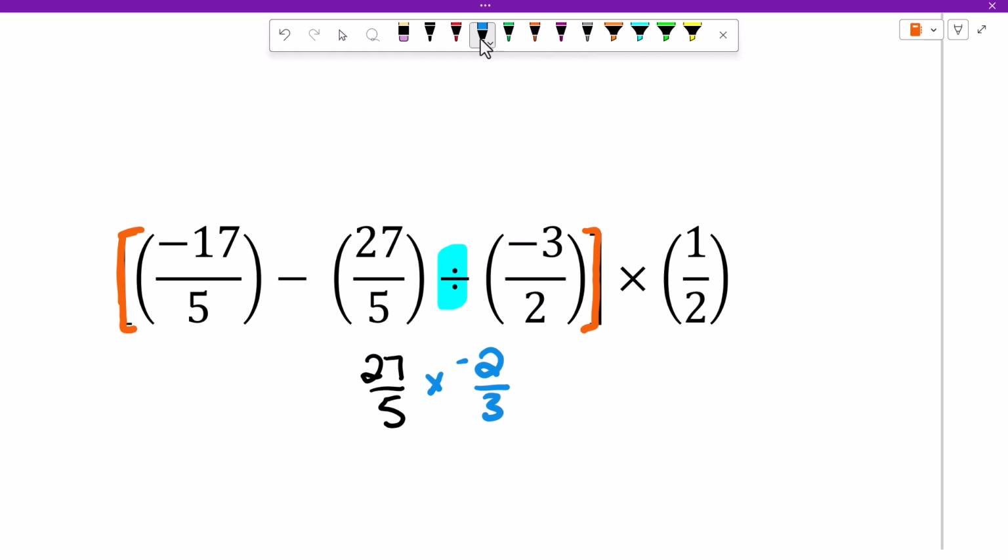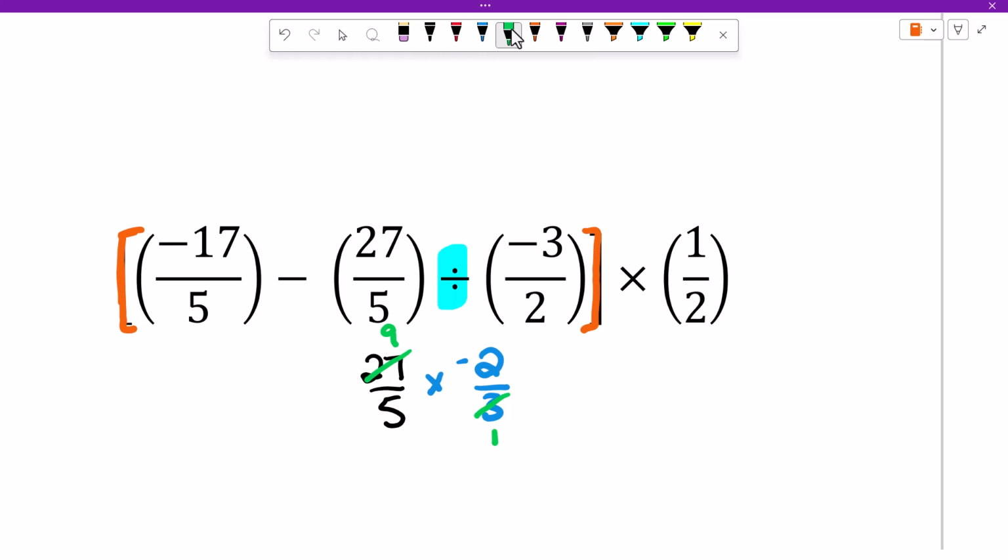So the division changes to a multiplication, and when we look at multiplying, we ask, is there any way of simplifying the tops and the bottoms in this question? Is there anything we can do? So the 27 and the 3, yes. They can both be divided by 3. So 27 divided by 3 is 9, and that's 1. Is there anything else? No. Okay.